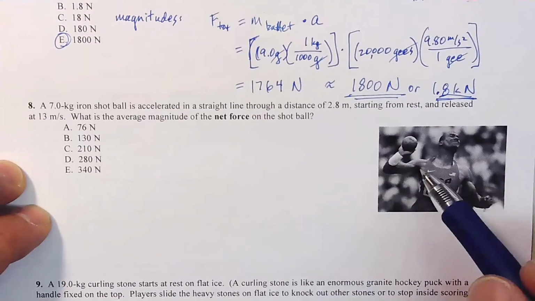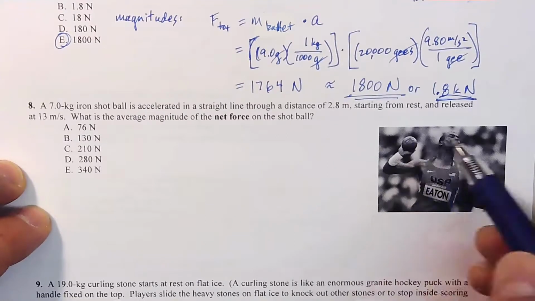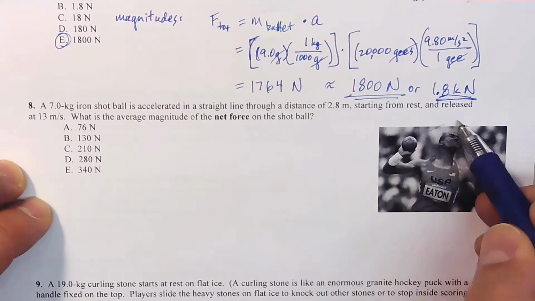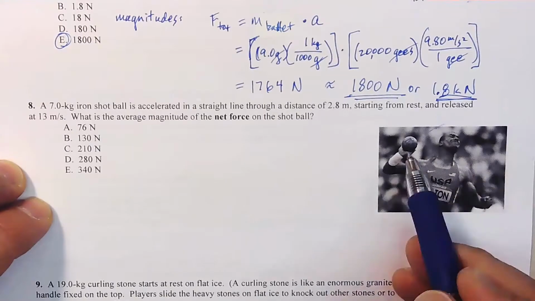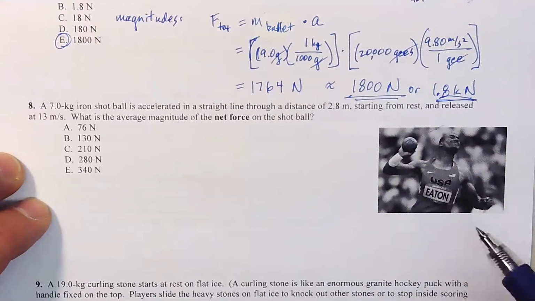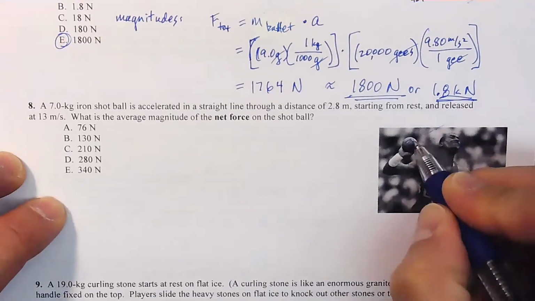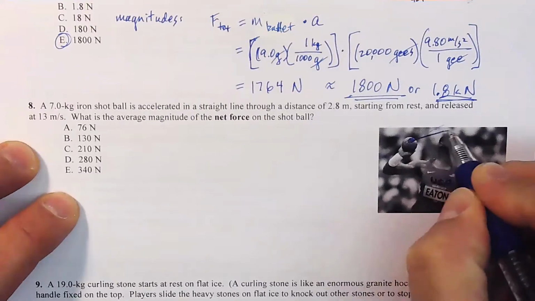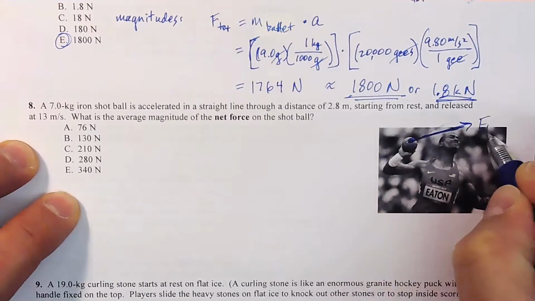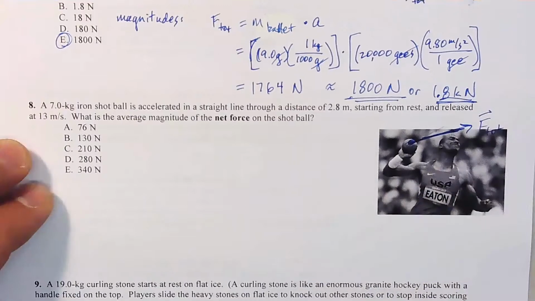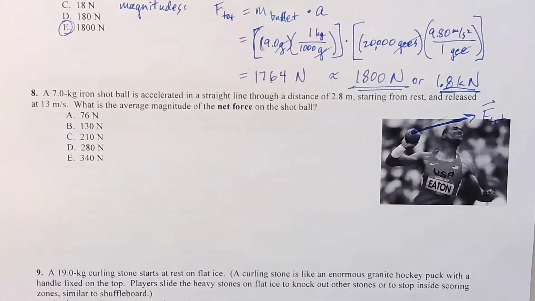All right, same sort of thing is going to happen here. This iron ball has a number of forces acting on it. There's the athlete pushing. There is the weight of the ball downward toward the center of the earth. There's air resistance and so on. All of that is going to add up to some sort of net forward force, right? So this is going to be the total net force acting on that big iron shot ball.